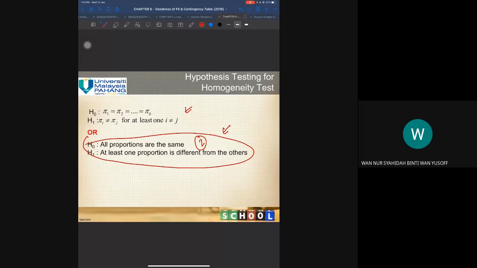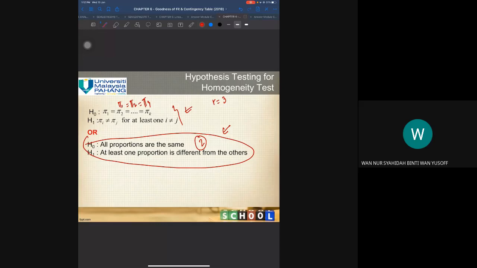But for the first hypothesis, you need to know which variable we need to test, whether row or column, because we need to know how many levels we have for the pi. Let's say you test for the row, and small r equals 3. So it will be pi 1 equals pi 2 equals pi 3.